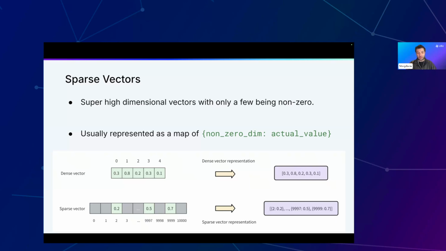For sparse vectors, it's different. Say you have a sparse vector of dimension 10,000: only a couple of entries have a value and the rest are 0. You only care about the non-zero values, so you store the position and its value. For example, position number 2 is 0.2, and that's what's saved in the dictionary, and the same for the other values. That's basically sparse vectors.